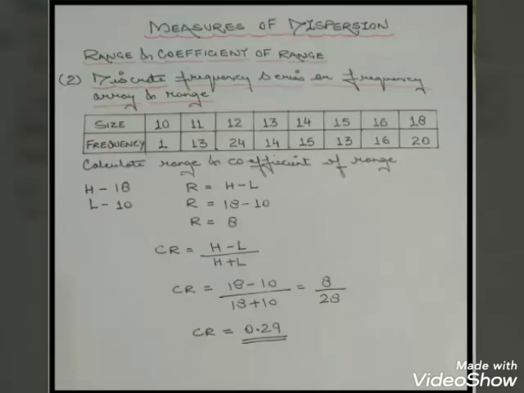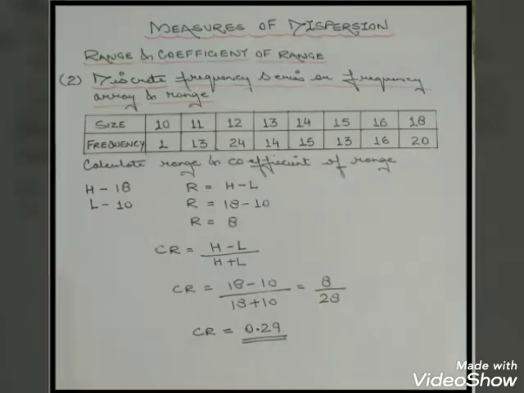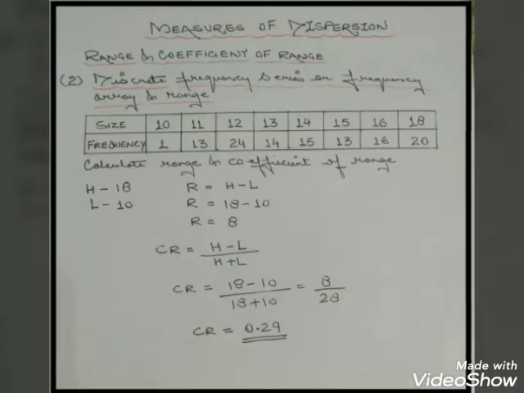Right? Now similarly we are going to calculate the coefficient of range. You know the formula of coefficient of range, that is CR equals H minus L upon H plus L. Again children, H is 18 minus L is 10 upon again H is 18 plus L is 10.